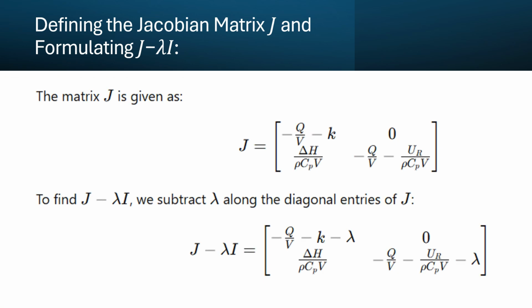Now, defining the Jacobian matrix J and formulating matrix J minus lambda I. So, matrix J is given as below here, as you can see. And to find J minus lambda I, we subtract lambda along the diagonal entries of J, which you can see here in the first and the fourth element, which are diagonal across each other.